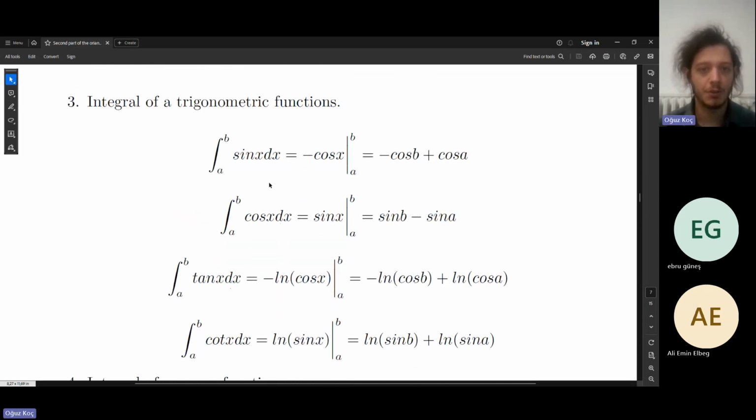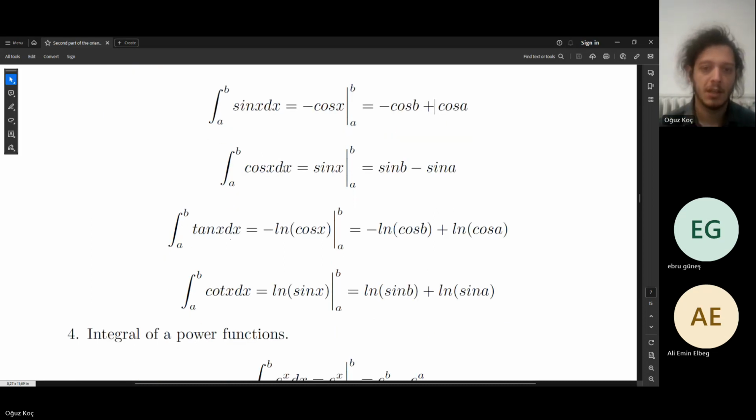And then we have the trigonometric functions. The integral of the sine function is equal to minus cosine x, and with the bounds, it is equal to minus cosine b for upper limit, and minus cosine a.